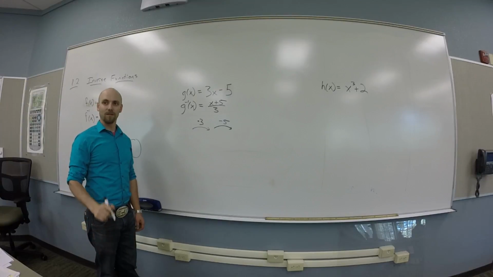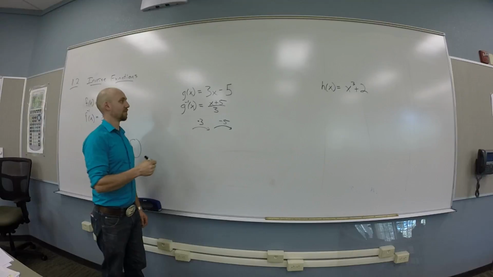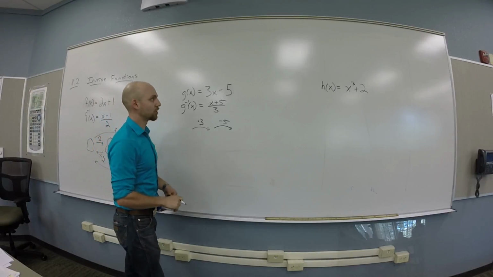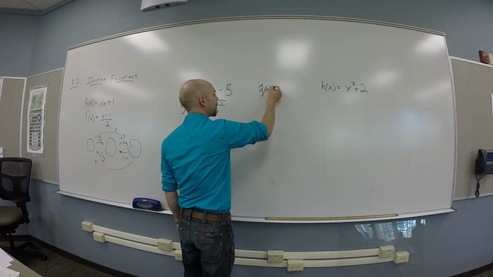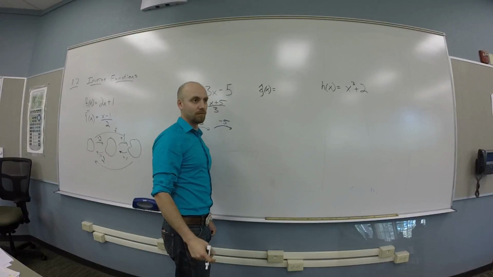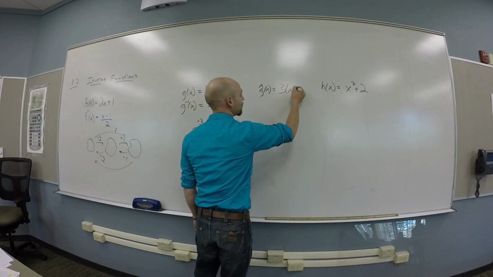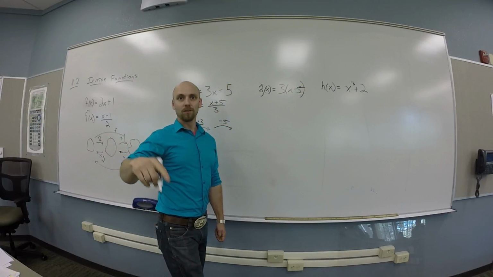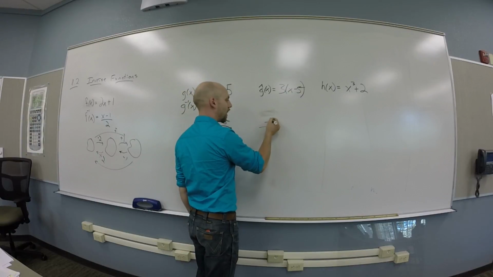So, just for funsies, what if there was a parentheses around x minus 5? Okay, let's do that one. If we had g hat of x, which is just a different g, which is 3 times (x minus 5), the first thing I do is subtract 5.